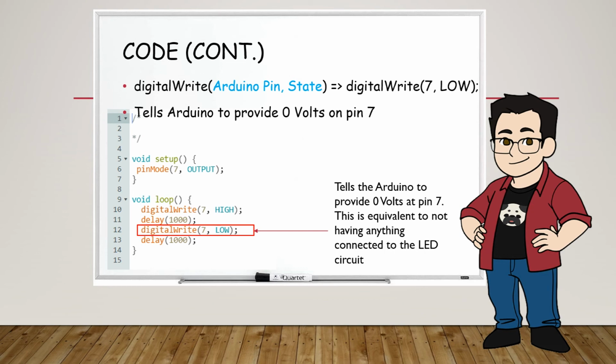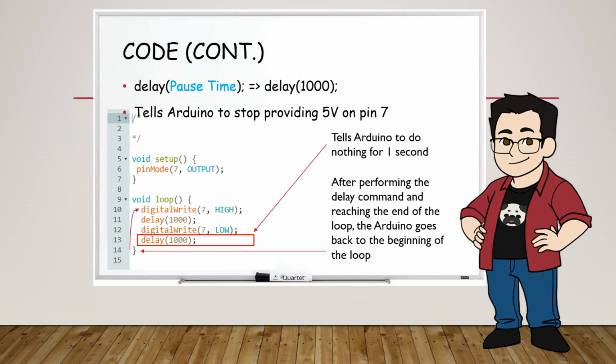That means that instead of providing 5 volts at pin 7, the Arduino will provide 0 volts. This is equivalent to not having anything connected to the LED circuit. On line 13, there's another 1 second pause. After performing the 1 second pause in line 13, the Arduino goes back to the first command inside the loop, which is the digitalWrite command in line 10, and starts all over again.